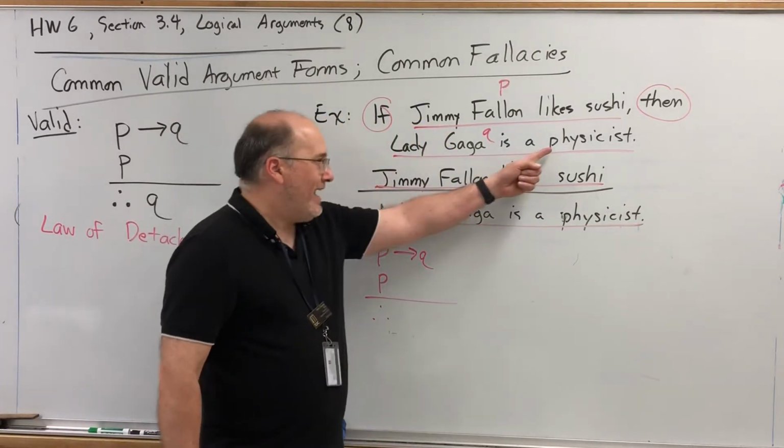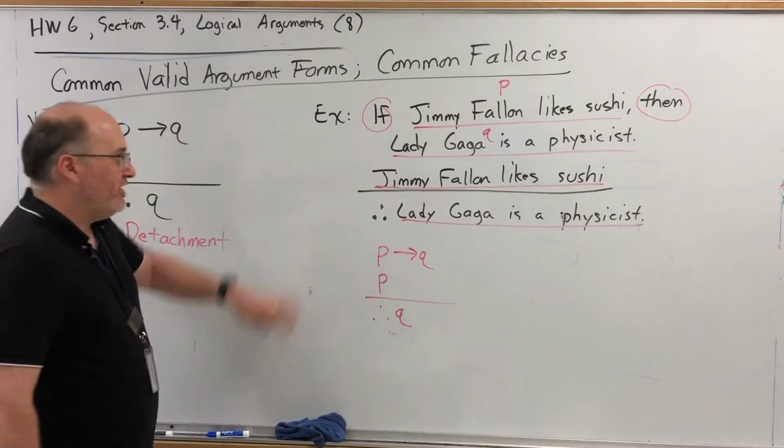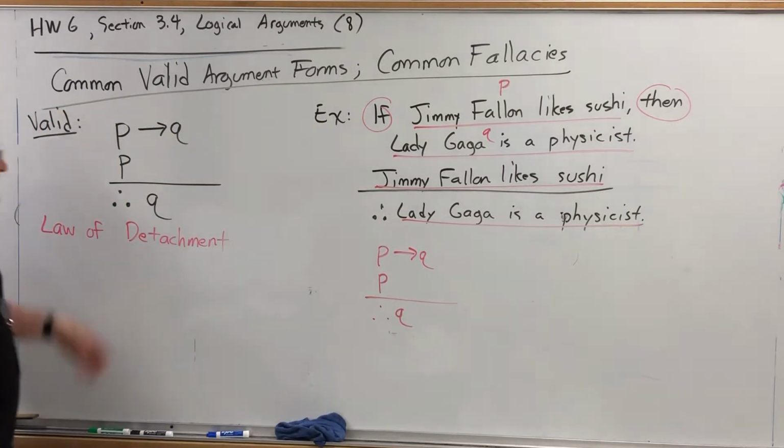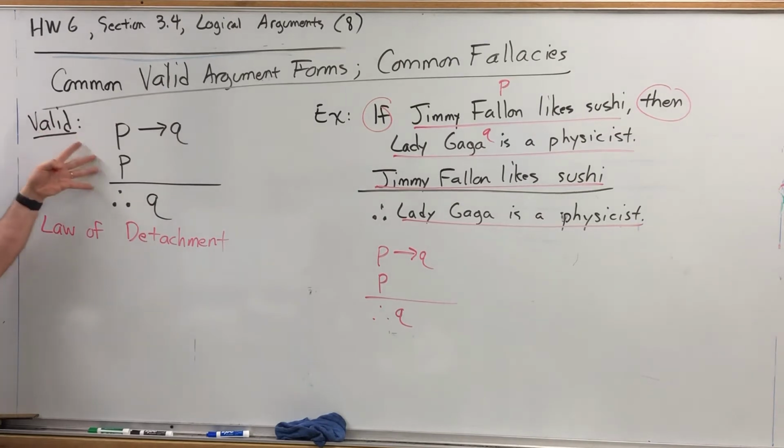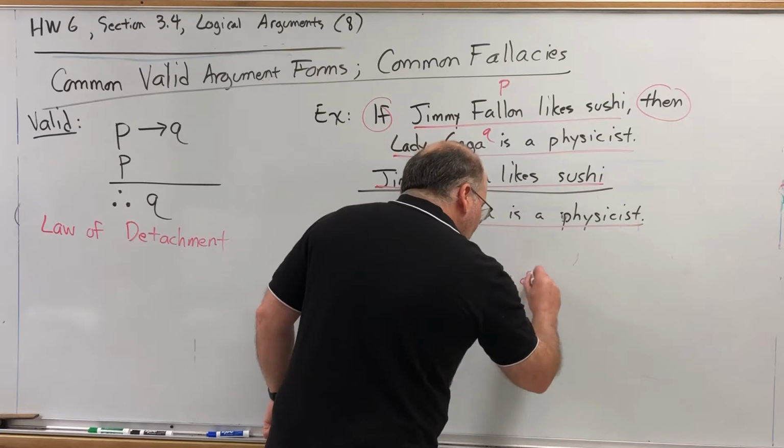We've already called that statement Q. And so by translating this argument into symbols, we see that it exactly matches the law of detachment. And because it matches this, it is automatically valid. We've already proven that this argument form is valid. This is the law of detachment.